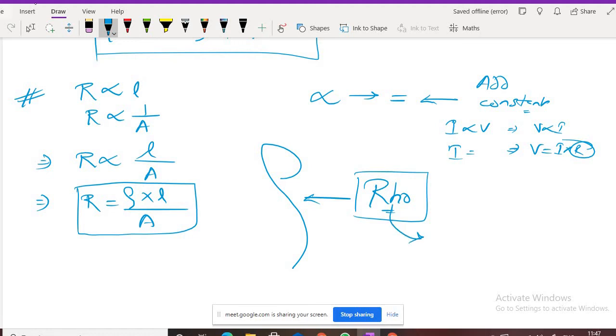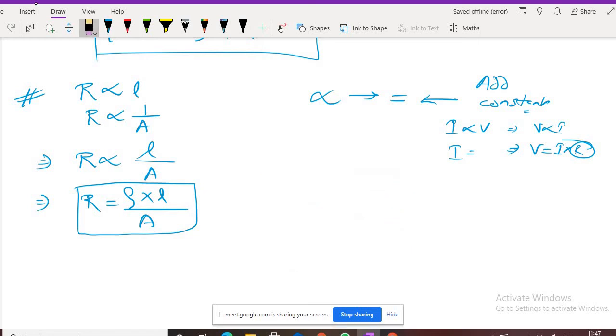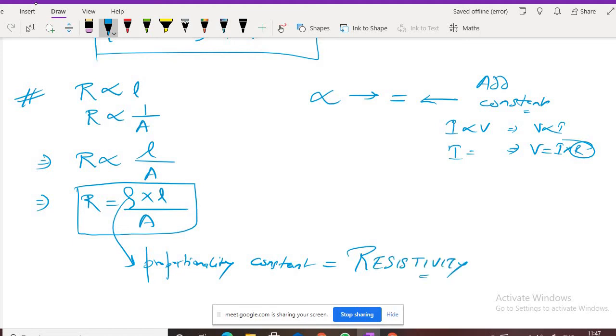So what is rho? This is the proportionality constant, and this constant is called resistivity. From here we have got the concept of resistivity. Understood?